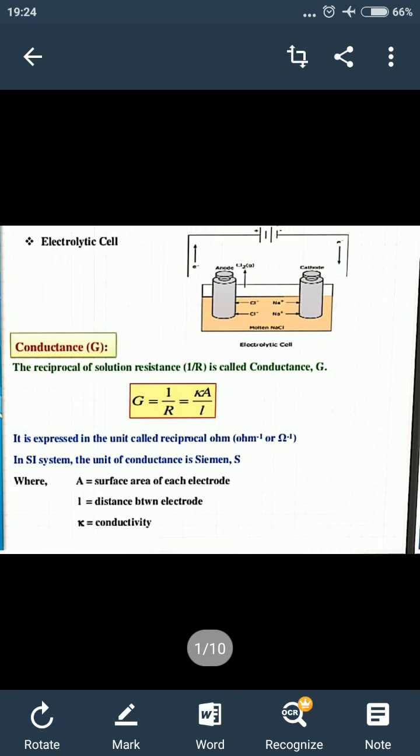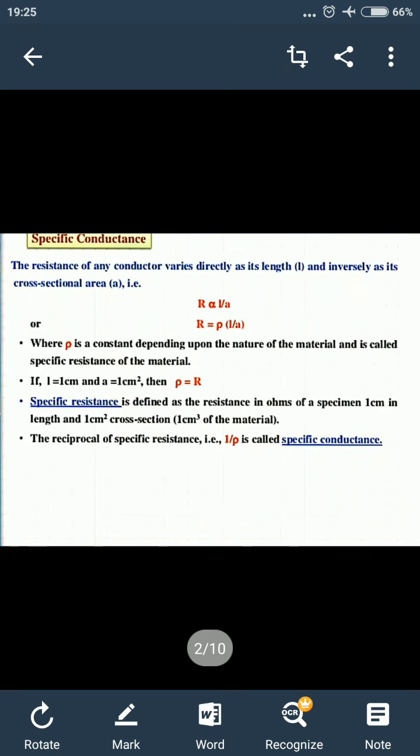Here A is the surface area of each electrode, L is the distance between the electrodes and K is the conductivity. Now we come to specific conductance. The resistance of any conductor varies directly with its length and inversely with its area of cross section.